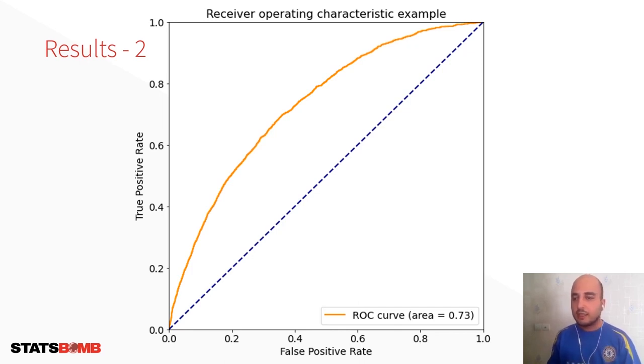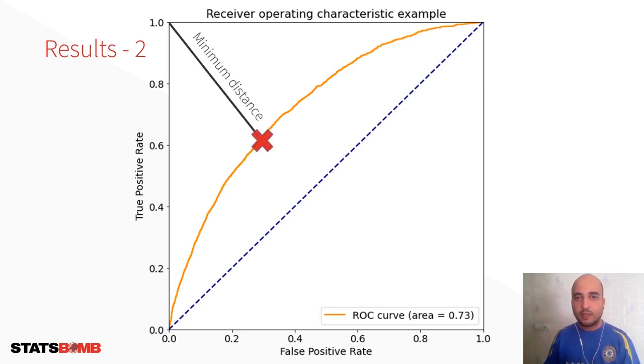But because we are dealing with probabilities, and the probability of a model can be 20%, 30%, 40%, we need to have a threshold to really cut off. If any probability is above a specific threshold, we are going to report it as a penetrative pass, and if anything is below the threshold, we are going to report it as a non-penetrative pass.